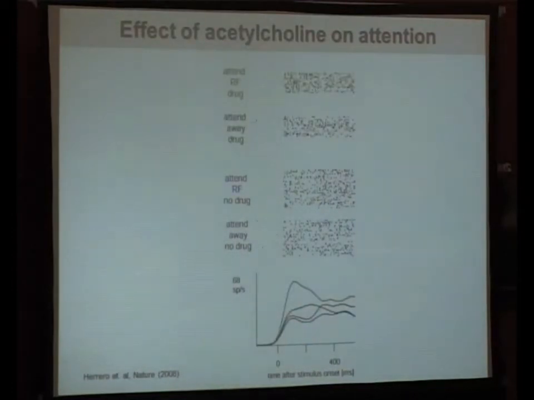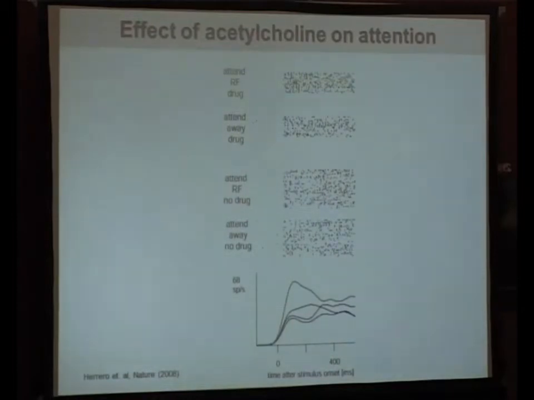And then we contrast that to trials where we have iontophoretically applied our drug. As you can see, attention for this neuron increases firing rates, particularly during the late period of the response. And if we apply acetylcholine itself for this neuron, this differential activity was increased.